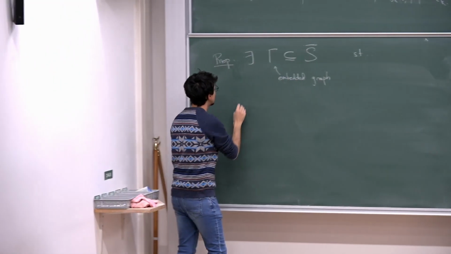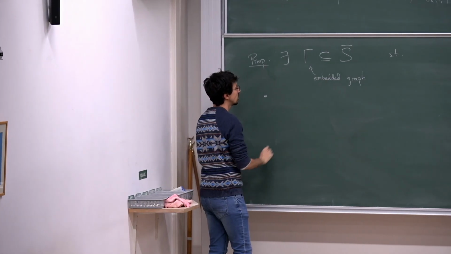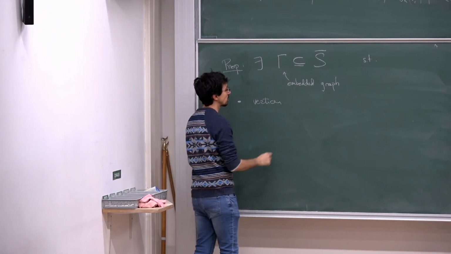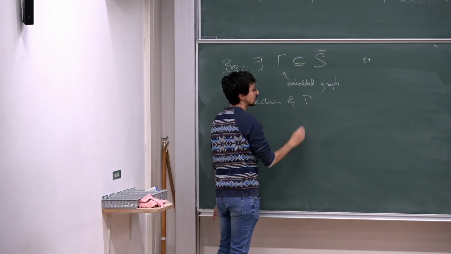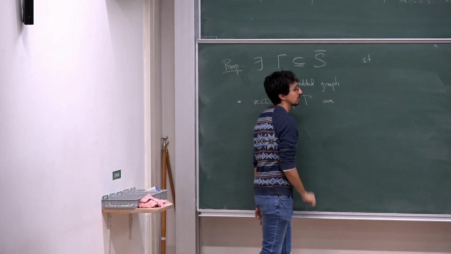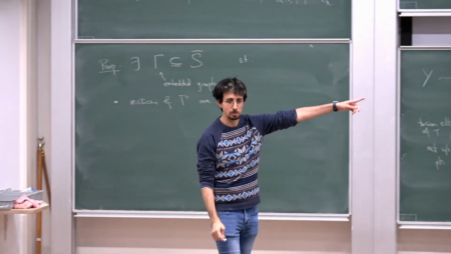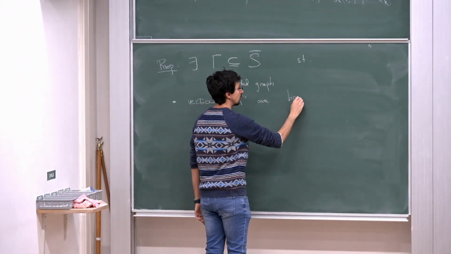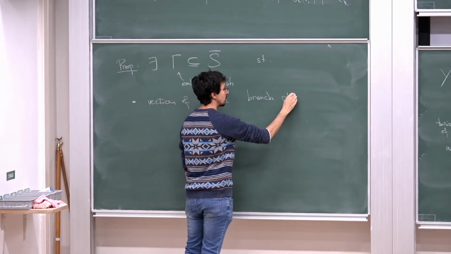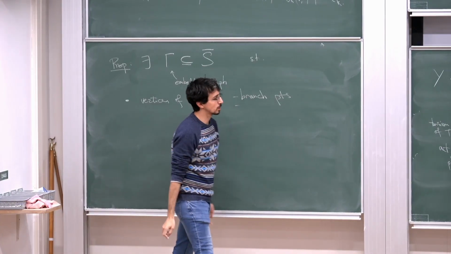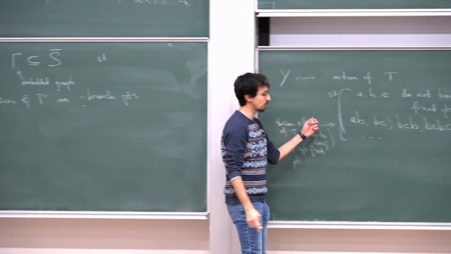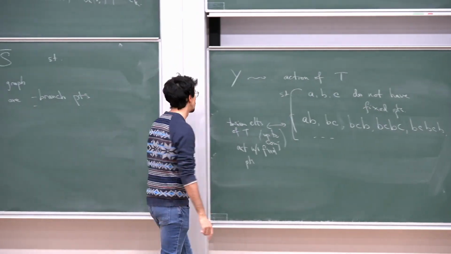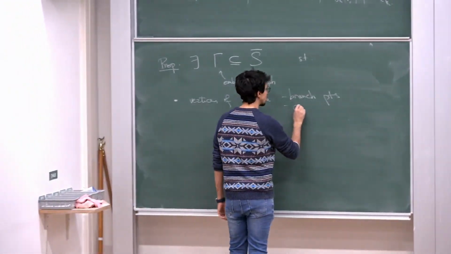Such that, first of all, the vertices of gamma are all those problematic branch points. But I also want to get rid of any kind of torsion that's left, so I'm going to include those as well: cone points.